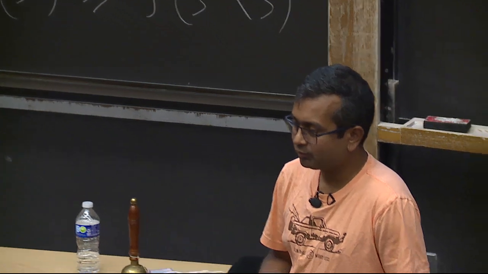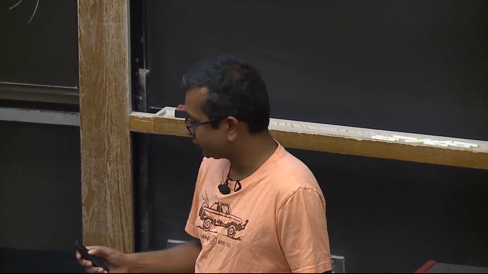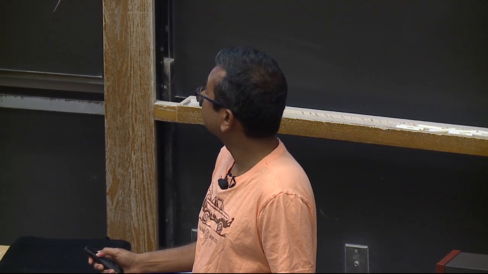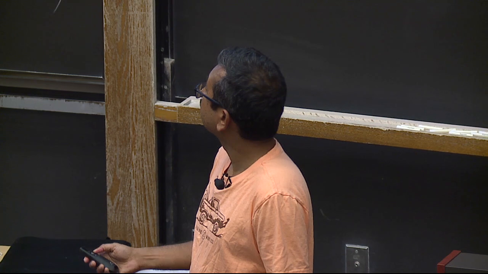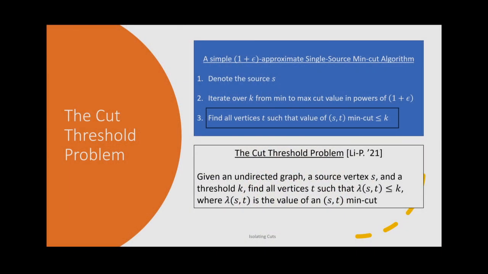All right, so that's our cut threshold algorithm. And as I said, once I have the cut threshold algorithm, let me go back to this thing. So the cut threshold problem now solves the one step in this simple framework for 1 plus epsilon approximate single source min cuts that I didn't have.